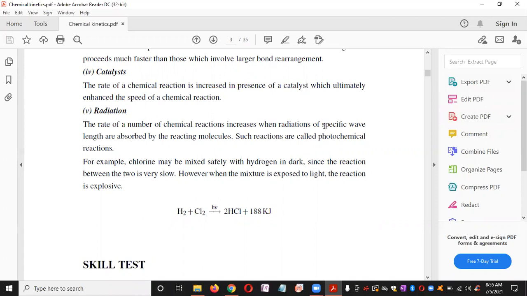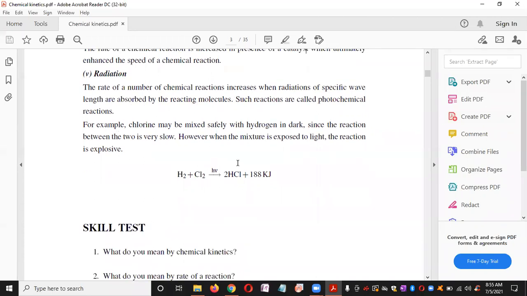Specific wavelength may range from UV, visible, IR, gamma, X-ray, etc. Such reactions are called photochemical reactions. The reactions which take place in presence of radiation are known as photochemical reactions.